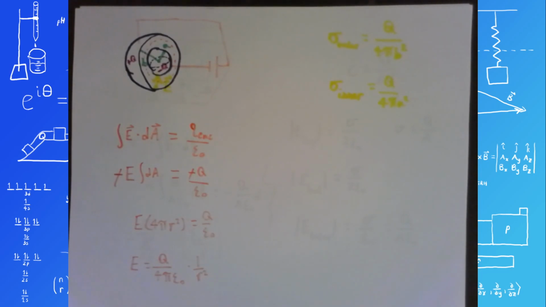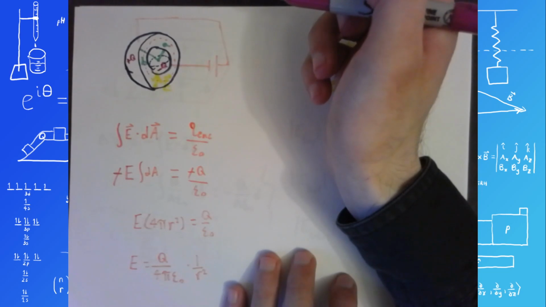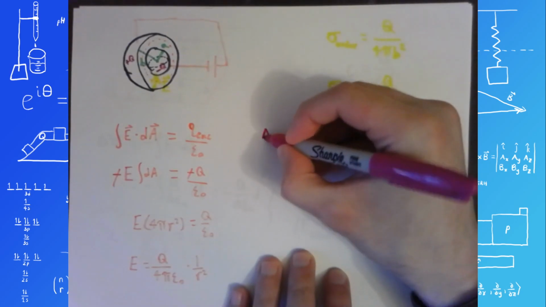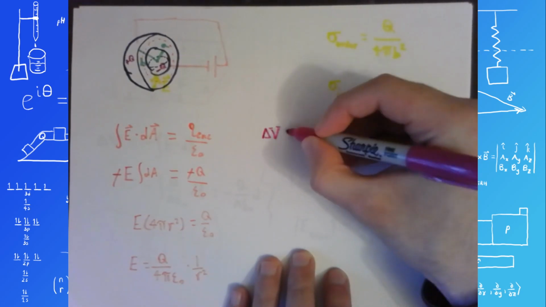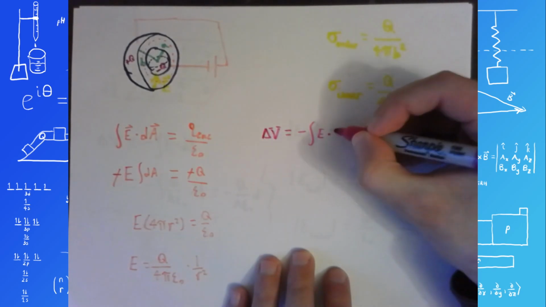Okay, now that we have a formula for our electric field, we can go ahead and integrate that electric field with respect to r in order to get our change in voltage. Change in electric potential is equal to negative integral of E dot dl.